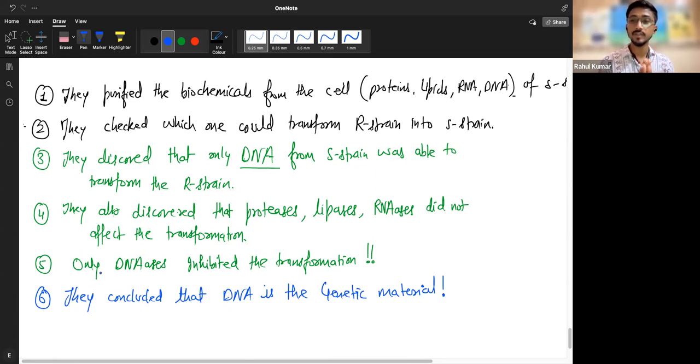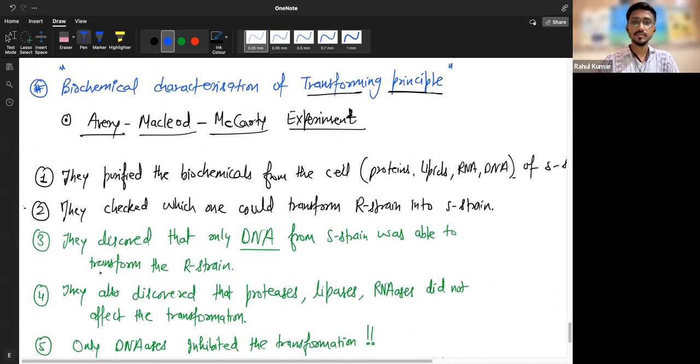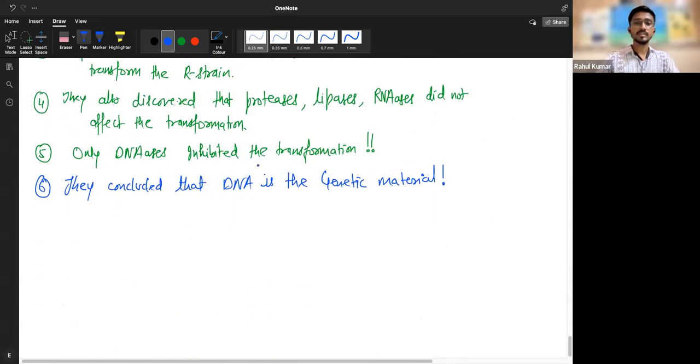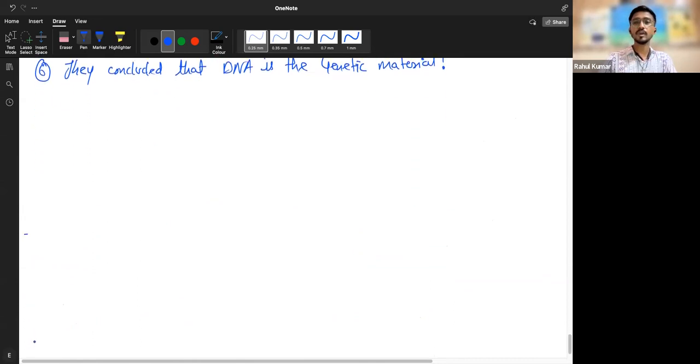When you carefully look at the experimental design, there were some loopholes, and all scientists were not convinced at that time. So this was a proof closer to figuring out that DNA is the genetic material, but it was not an unequivocal proof. It was not a guaranteed proof. So Avery, MacLeod and McCarty did a brilliant experiment, brought us closer to finding the genetic material, but not everyone was convinced. So there has to be some other type of experiment done which is more conclusive.